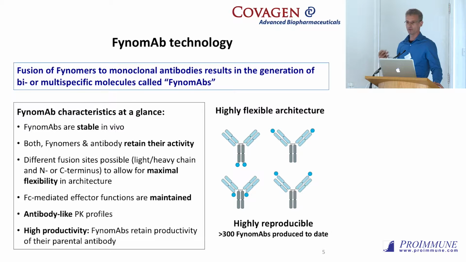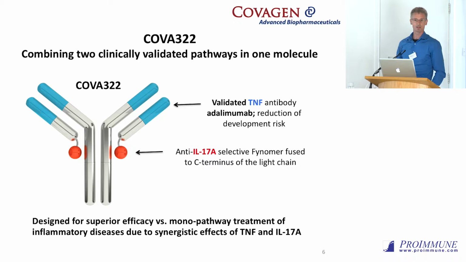But it may very well be important, for example, if you want to target cell surface molecules. Then the architecture, in other words where I fuse the phenomers, can play a big role. And the big advantage of going piggyback on an antibody is that we now have antibody-like pharmacokinetics. And that really helped.